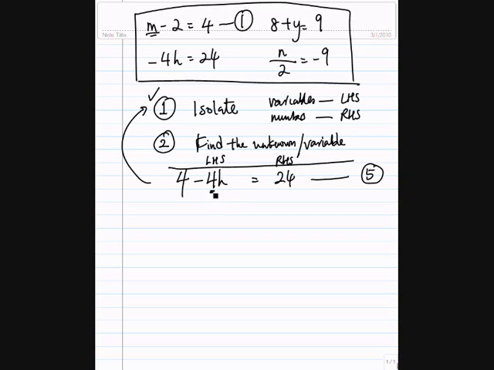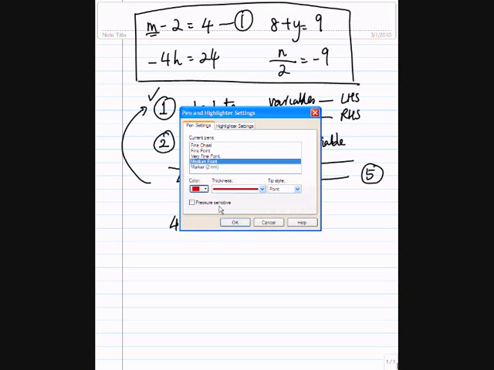On the left hand side we have 4 minus 4h, on the right hand side we have 24. Our main purpose is to make the 4 disappear, but we still want to retain the minus 4h. In order to make the 4 disappear, what do we need to do?